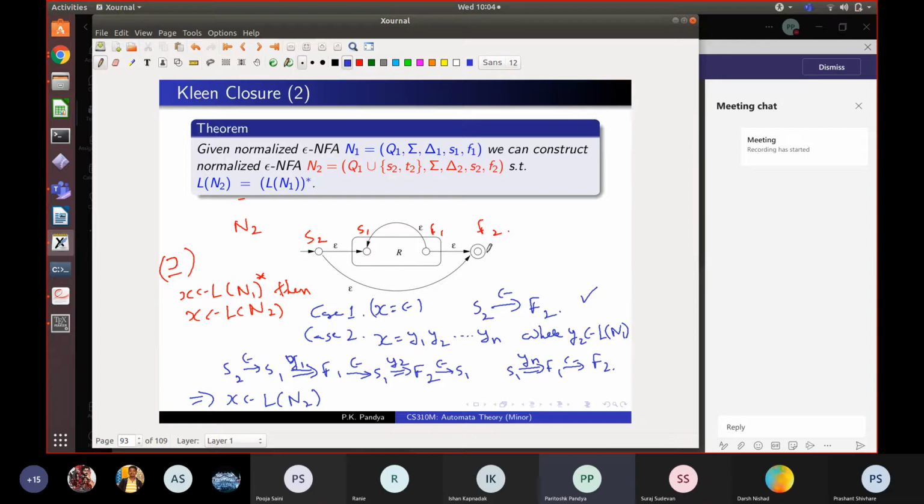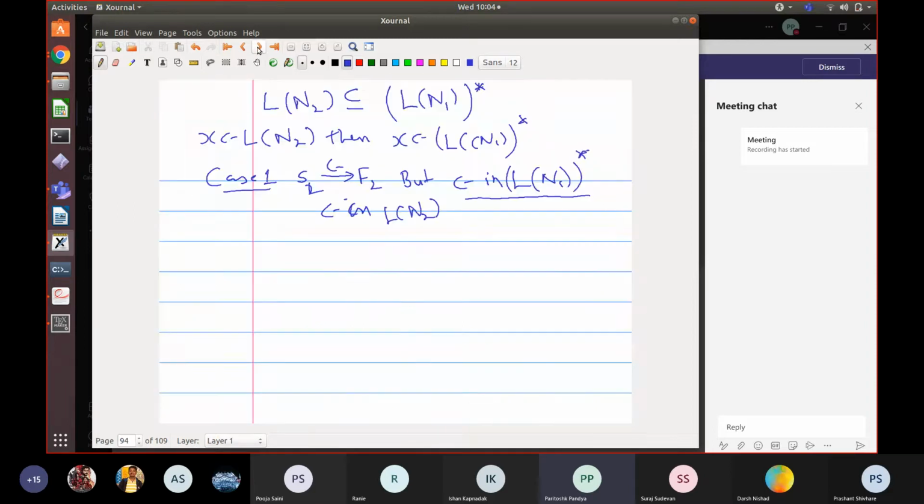So you have to think of all possible paths that go from S2 to F2. I think the other case is of the following form. You start with S2, then you take epsilon transition and go to S1. Then on some subword Y1, you will go to F1, right? Then you will take epsilon transition, go to S1, do Y2, to F2, and this you will repeat some number of times.